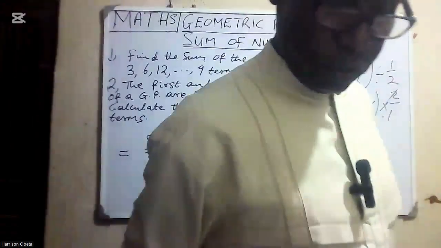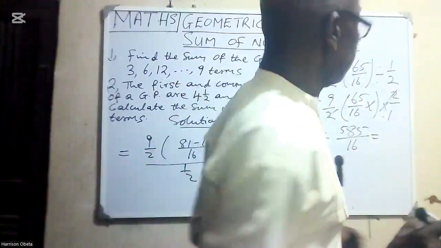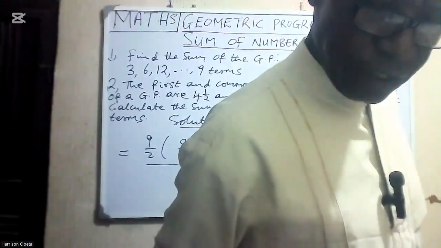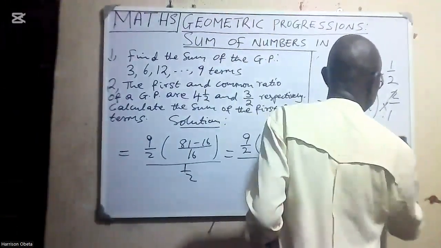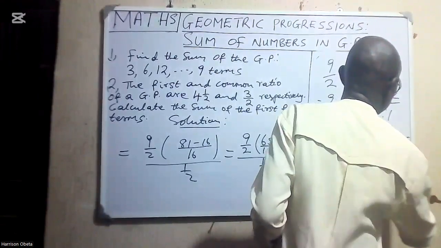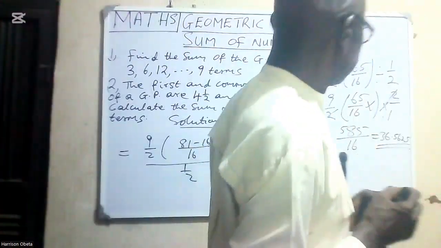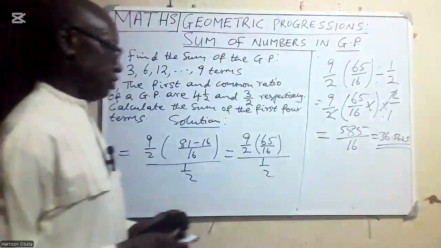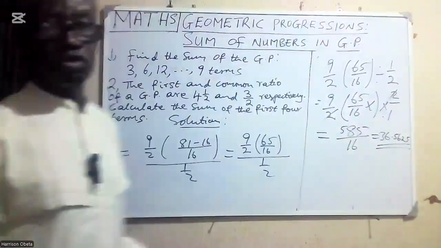And that will give us 36.5625. That is 36.5625. And that is the sum of the first four terms. And that's the end of question number 2.